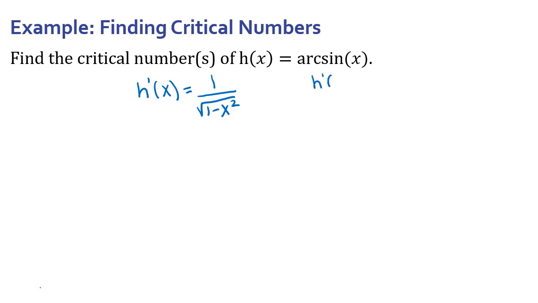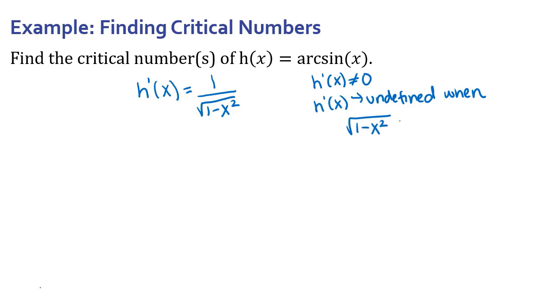So we know that h prime of x is never going to equal 0, but it is going to be undefined when the square root of 1 minus x squared equals 0, again, because we can't divide by 0. So to solve for x, the first thing that we do is square both sides.